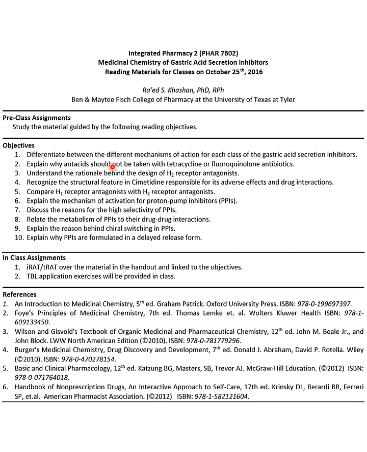Let me start with the objectives. I want you to be able to differentiate between the different mechanisms used for each class of the gastric acid secretion inhibitors. We actually have two classes, the H2 receptor antagonists and the proton pump inhibitors, and there is a small note about the antacids and the chelation that occurs with the antacid, which is here in objective number 2.